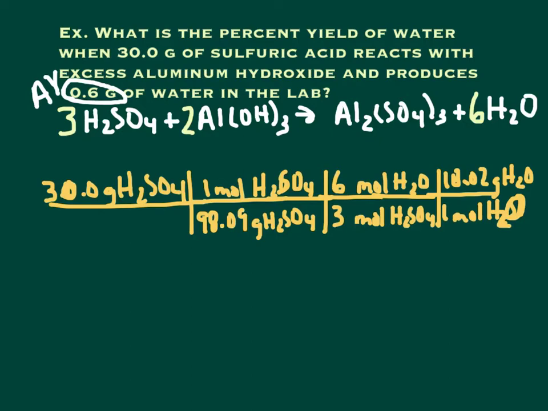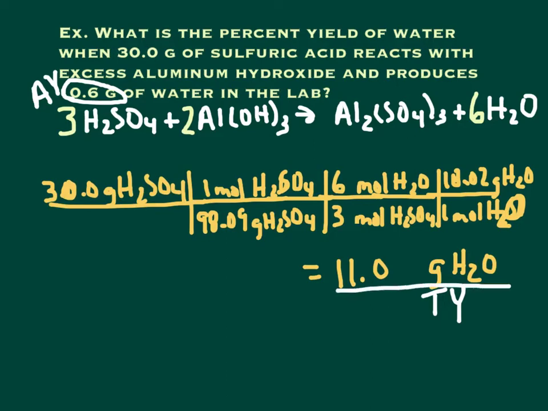So now I'm going to get my grams of H2O when I calculate this out. And in the correct number of sig figs, I got 11.0 grams of H2O. This is my theoretical yield. That's how much I should get if everything went correct.